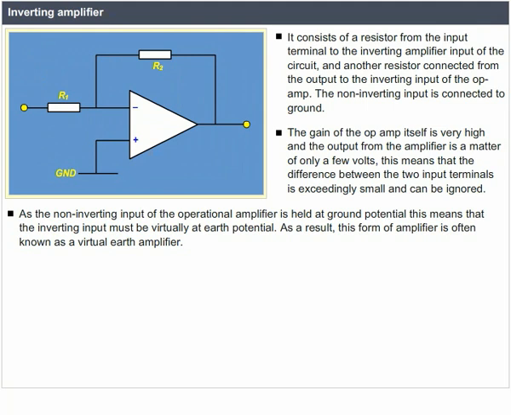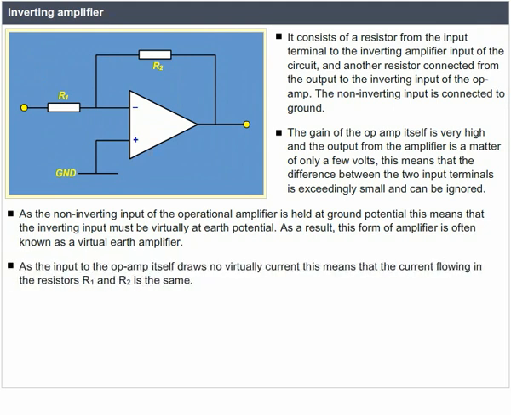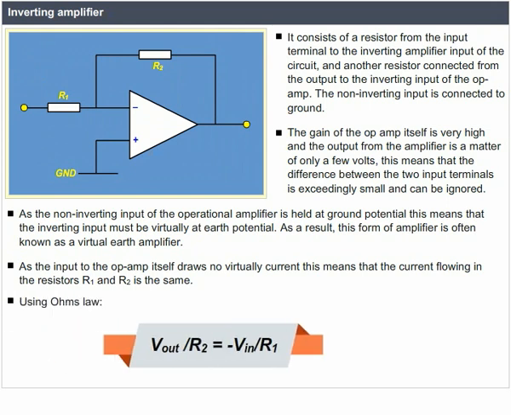As a result, this form of amplifier is often known as a virtual earth amplifier. As the input to the op amp itself draws virtually no current, the current flowing in the resistors R1 and R2 is the same. Using Ohm's law, Vout/R2 = -Vin/R1.